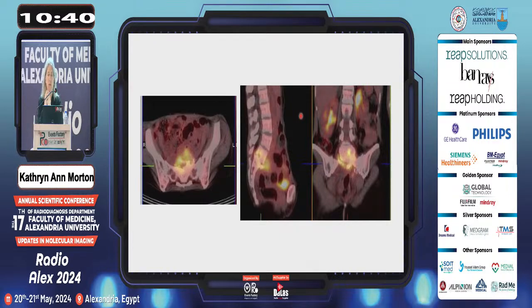This is a patient with increased uptake within the L5-S1 disc space with an associated hypermetabolic soft tissue mass. This appearance is typical for discitis, osteomyelitis, for which PET-CT is quite sensitive, and based on the pattern, quite specific.